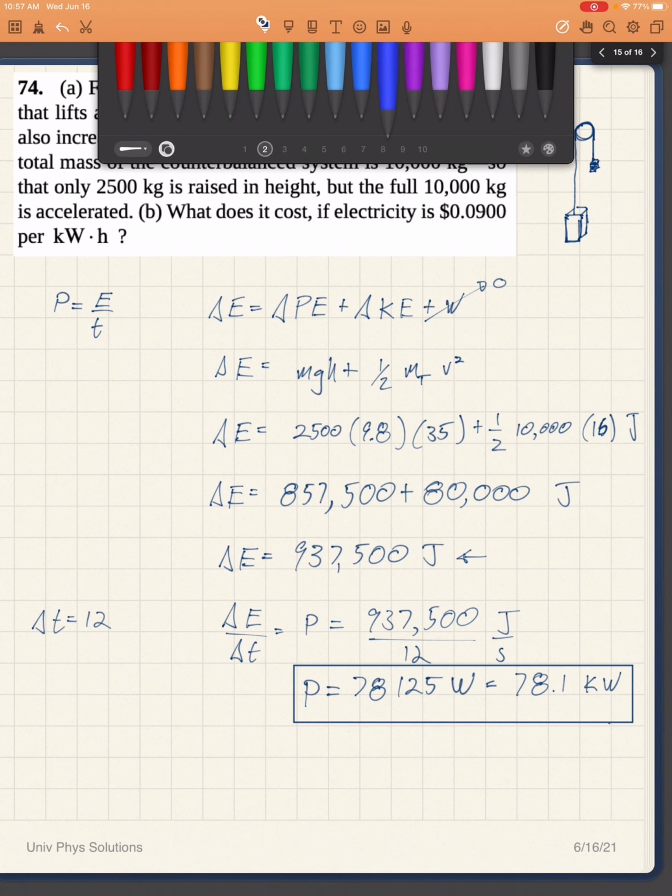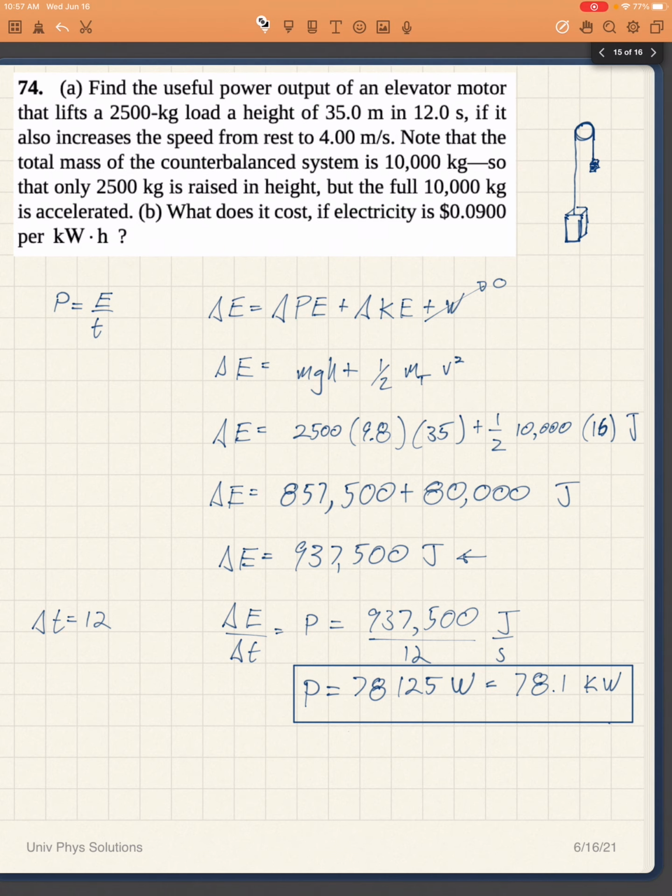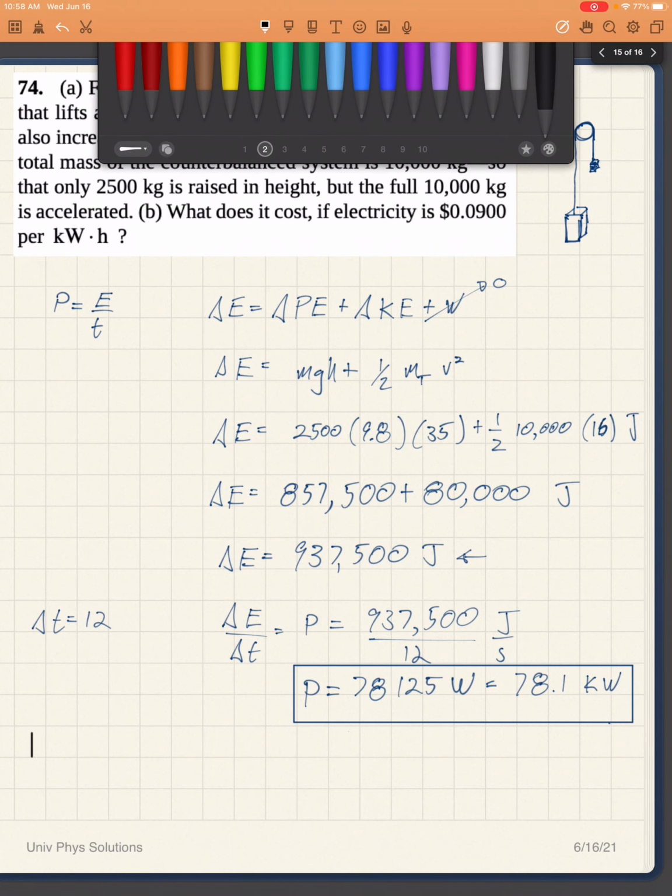Okay, now let's find how much it costs to perform this operation. We're given that the cost of electricity is $0.09 per kilowatt hour. Now, what is a kilowatt hour? It sounds like a measure of power because it's got the word watt in it, but it really is a measure of energy. 1 kilowatt hour is equal to 1000 watts times 1 hour.